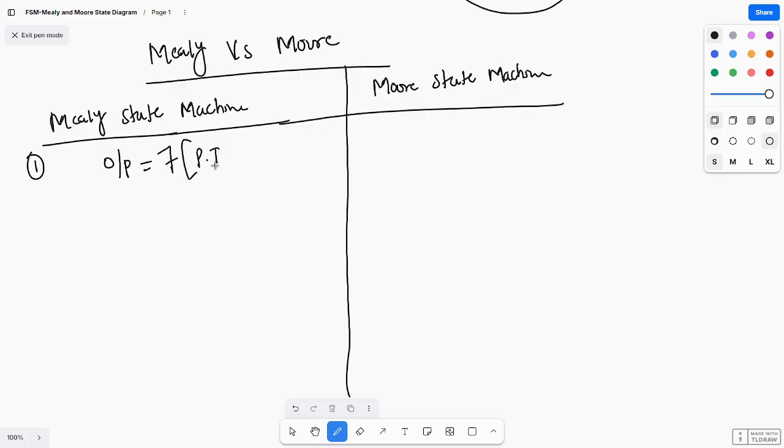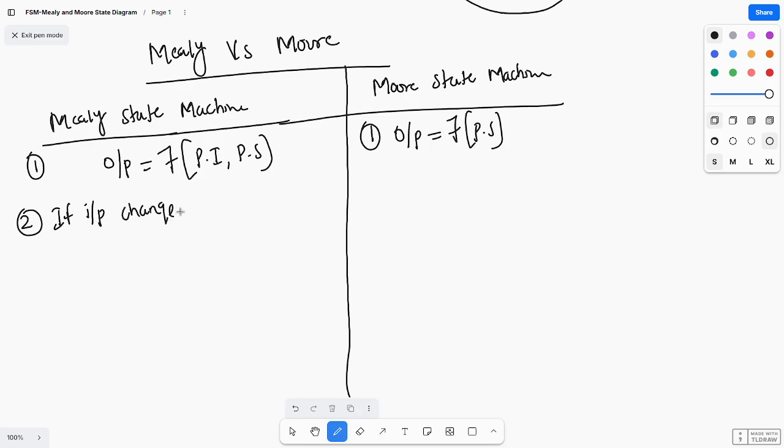Present input as well as present state. And for Moore, the output is a function of only the present state. That means in the Mealy machine, if the input changes, the output also changes, because the output depends on the input. In Moore, the output doesn't change, because the output is nowhere depending on the input.